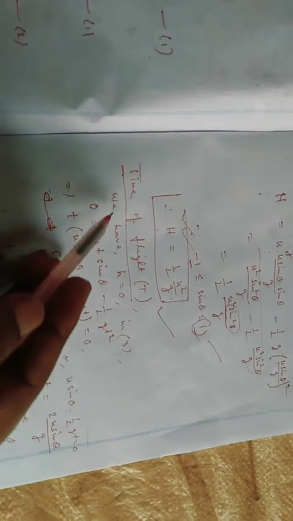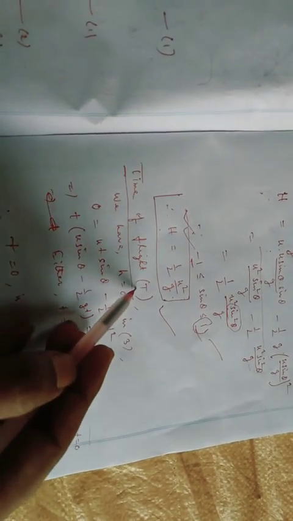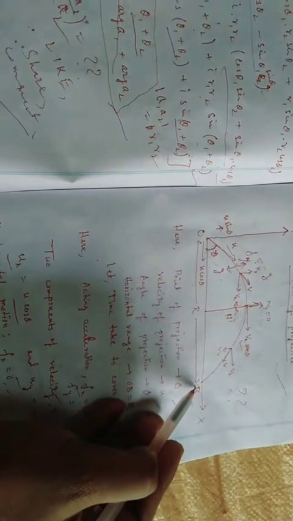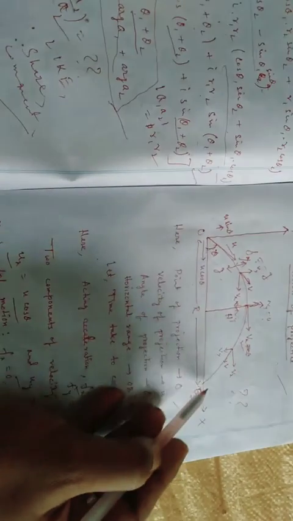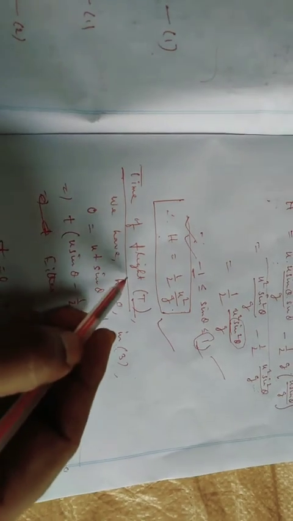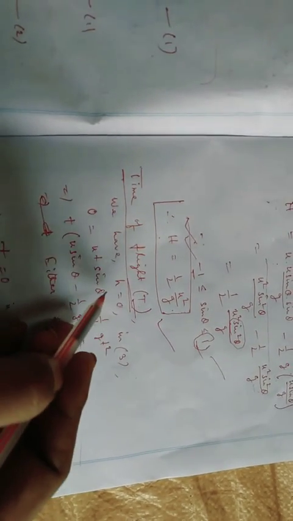And the time of the flight, if I take t as the time of the flight, means the whole path OAB, if a particle takes the time t to travel. To find this out, we take h equal to 0 in equation 3.